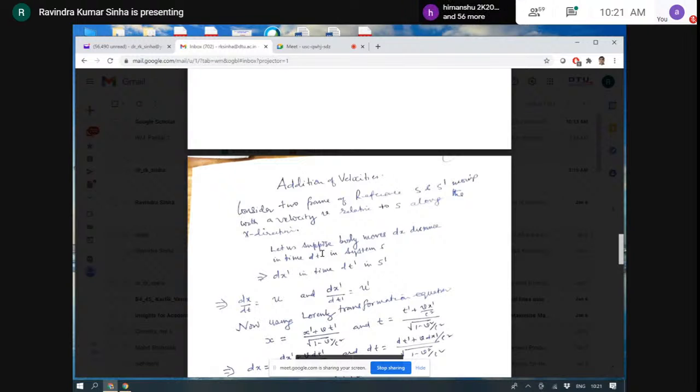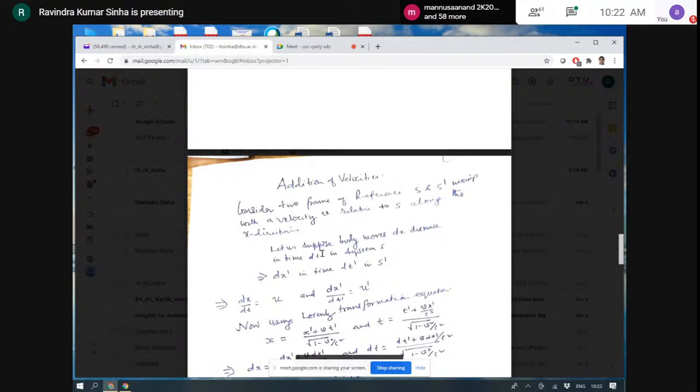So let's consider two frames of reference which I have always been considering, S and S dash. S dash is moving with a velocity v relative to S along the x direction. Let us suppose a body moves dx distance in time dt in system S, that is in the S frame of reference.